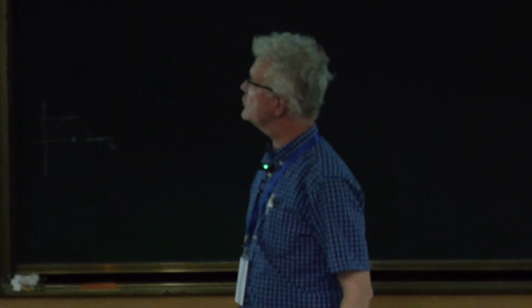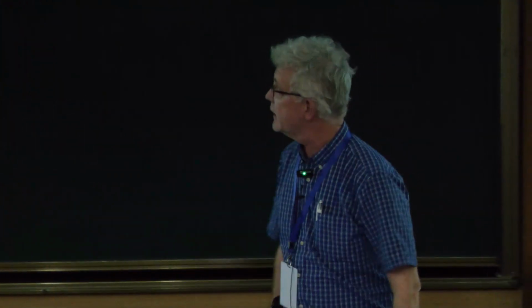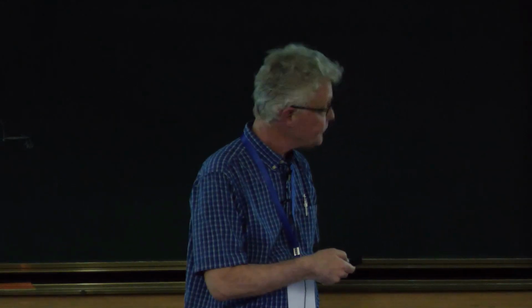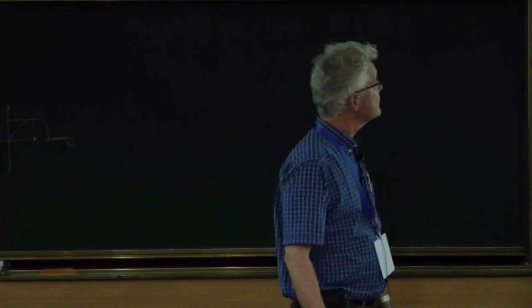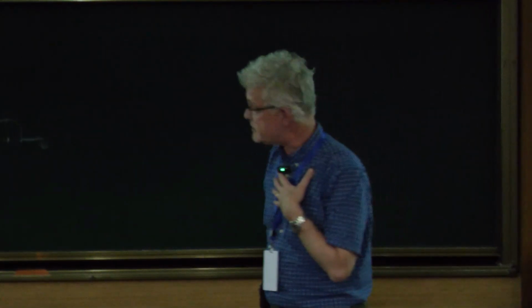But in order to see how we can manage things at small scales, and particularly if we can go to rheology at small scales, of course, I will not make a revolution on rheology. I'm not a rheologist.